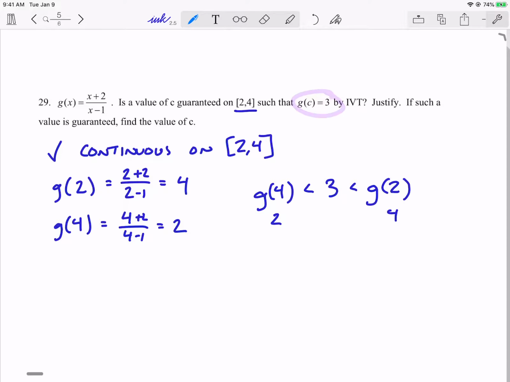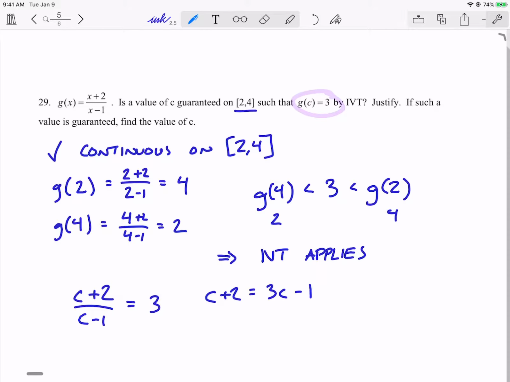These were 2 and 4, then IVT applies. So now I need to find a value such that this function, when I plug in c, so c plus 2 over c minus 1, needs to equal 3. So that I've got c plus 2 equals 3c minus 1. On a good day, that gives me c equals 3 halves, which I should verify.